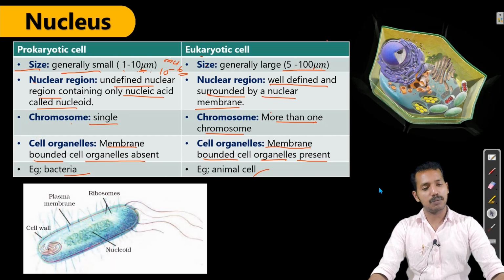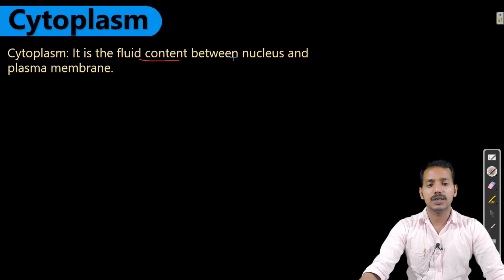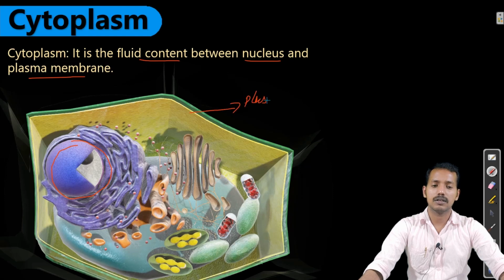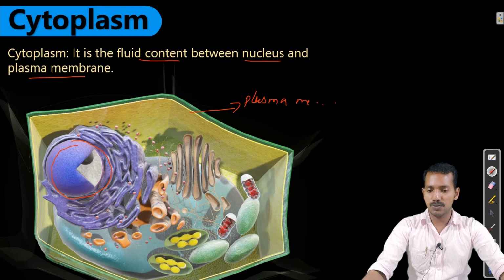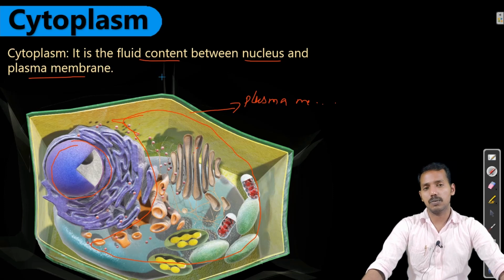Now let's see the last topic of this video, that is cytoplasm. It's a fluid content between the nucleus and the plasma membrane. See here, this is the nucleus and this is the plasma membrane. The region between the plasma membrane and the nucleus is called cytoplasm.